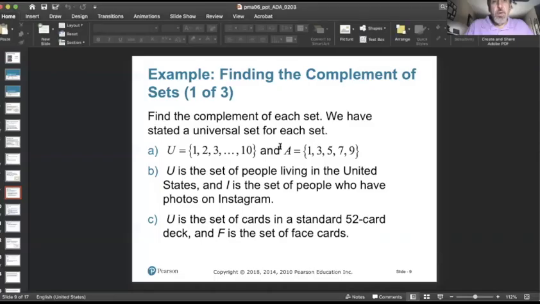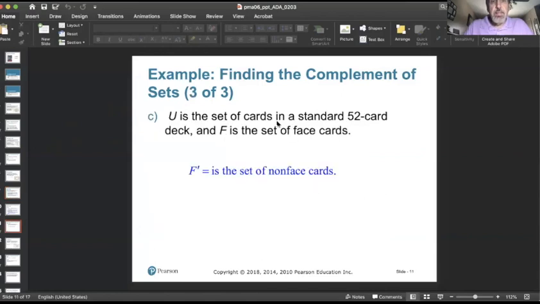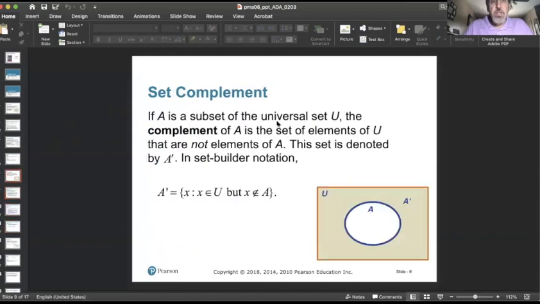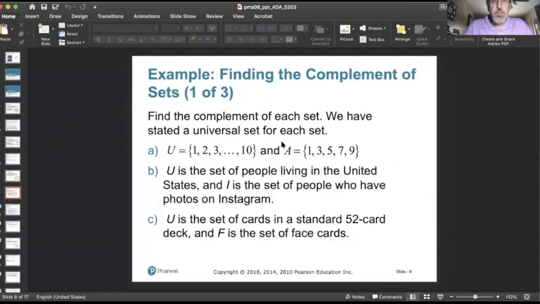I do want to point out one thing to you, by the way, before we go on to that, and that is that there are PowerPoints that I have put in the modules on Canvas. This is the PowerPoint for section 2.3, and there are some examples of finding complements and intersections and unions of things. There's a visual representation of set, complement, and so forth.